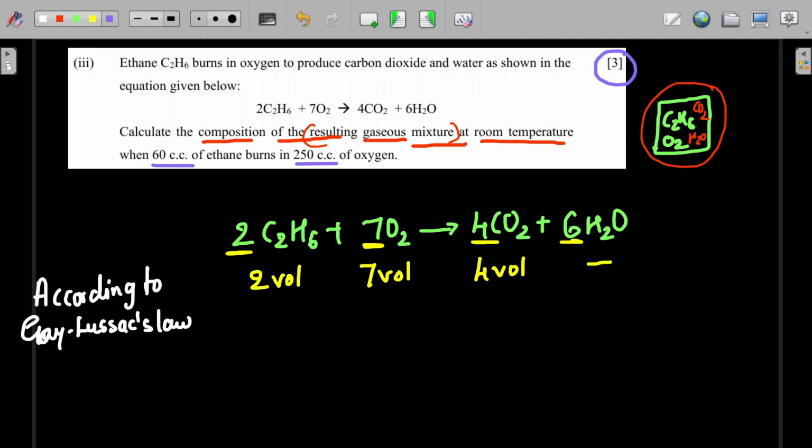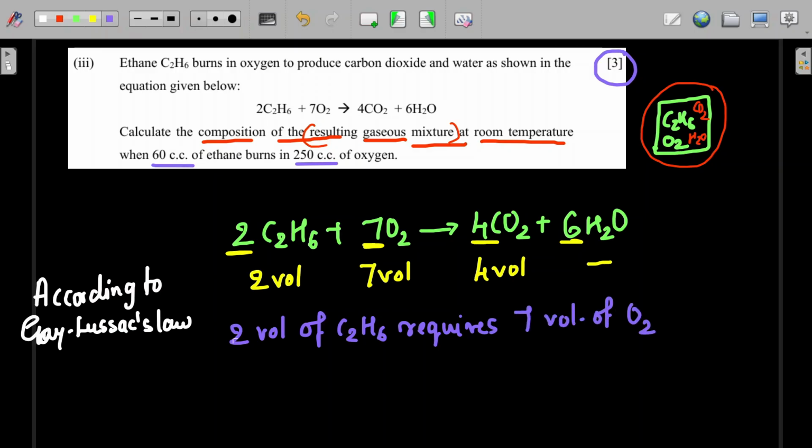First of all, see, 2 volume of ethane requires how many volumes of oxygen? 7 volume of oxygen. Therefore, how much is given? 60 cc.